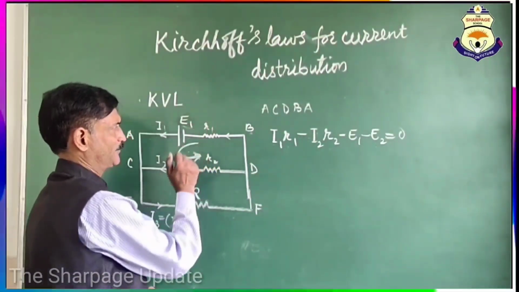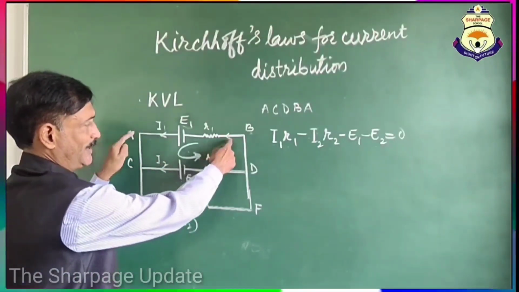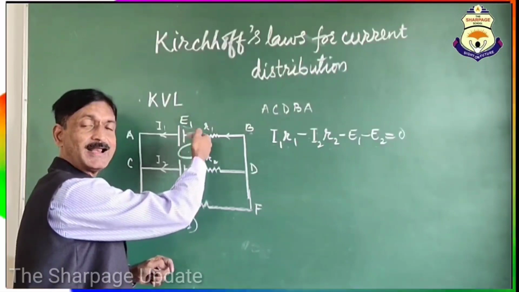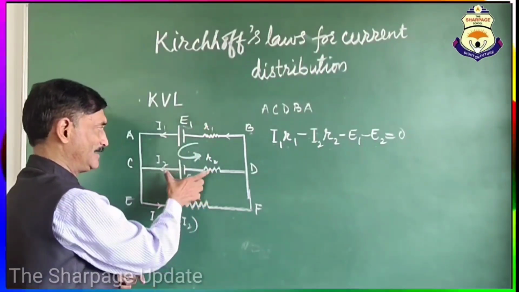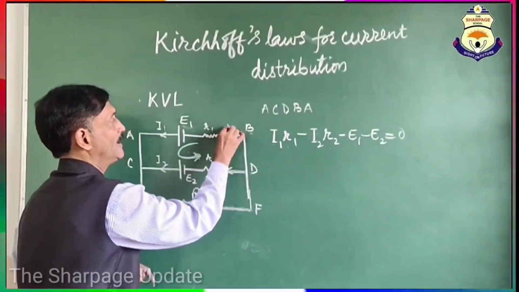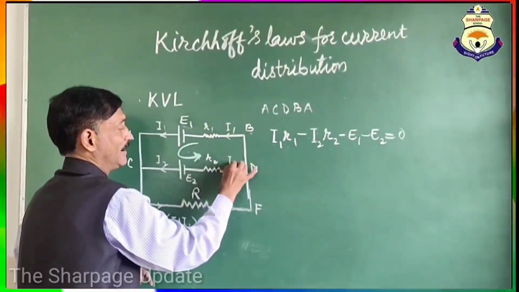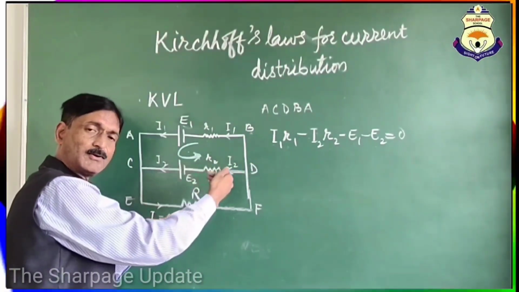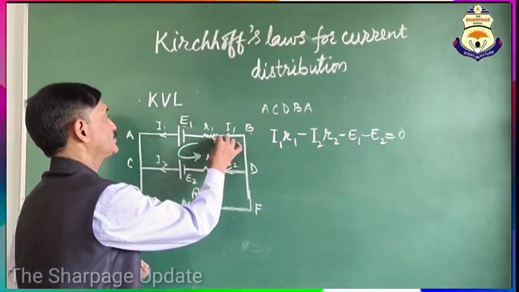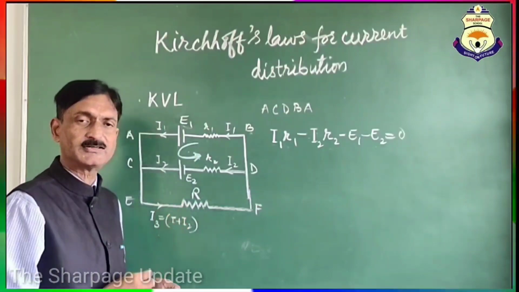And you can see here, in this branch and in this branch, the electric current is going from the negative electrode to the positive electrode.